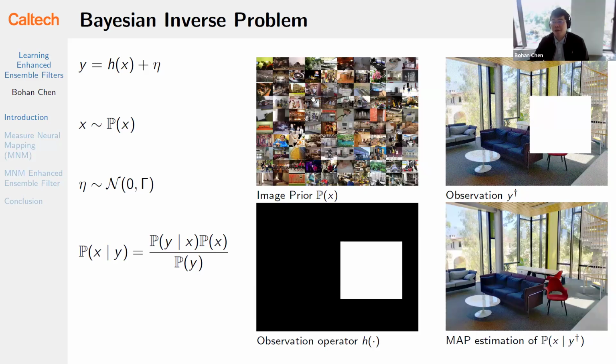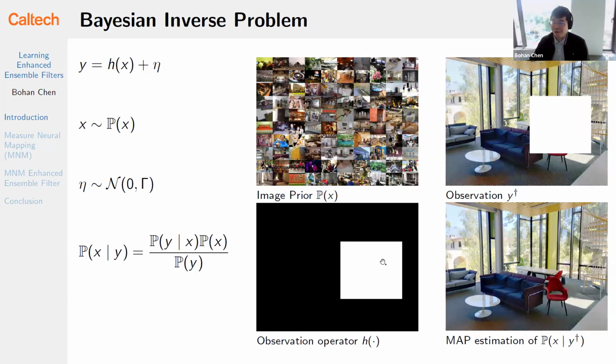If we have multiple images of the indoor scene in the university, they form an image prior we call PX, and then we have a certain image that is our observation. This observation is a partial observation, so we miss some places, and it is also a noisy observation. You can see there's some Gaussian noise here.